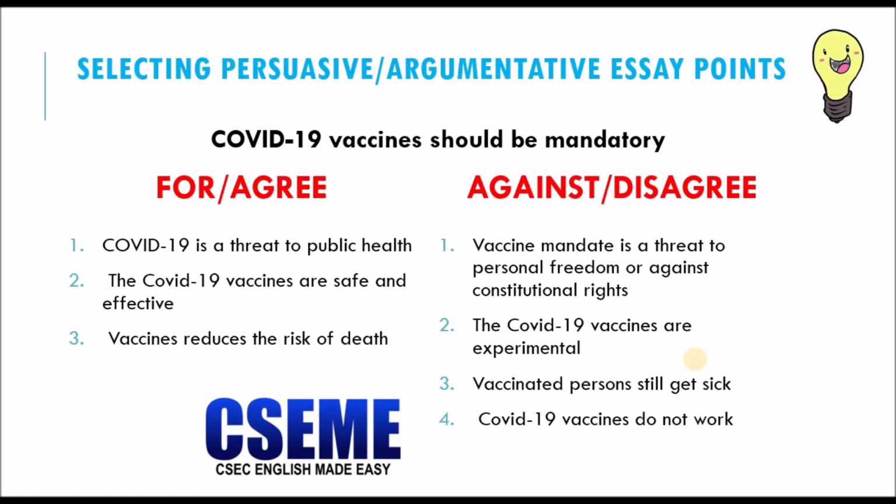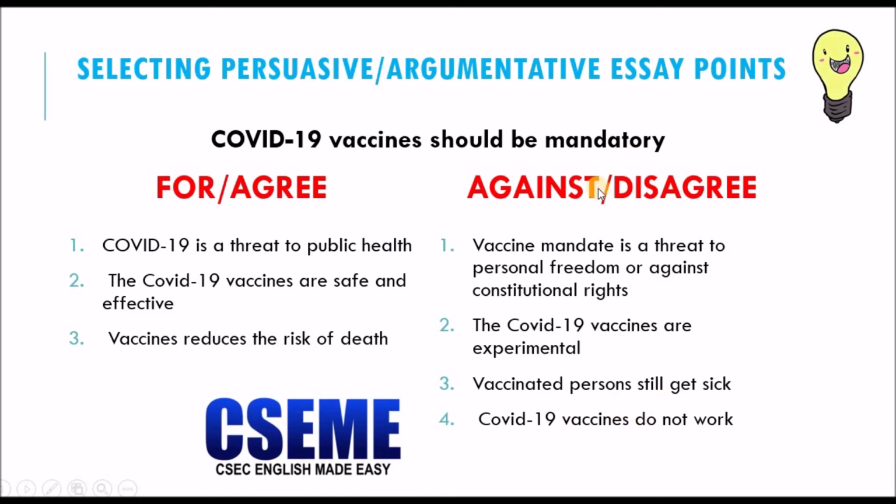Good? Another thing we need to look at is that when you do your brainstorming like this, you may need counter arguments. For example, your teacher said, write an argumentative essay based on this, and you need your counter arguments. If you agree, and this is the position that you're taking, then these would be your counter arguments that you can pull from.